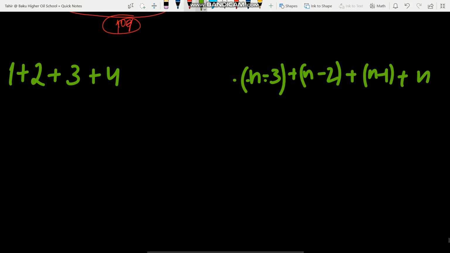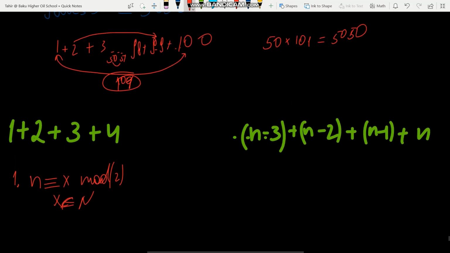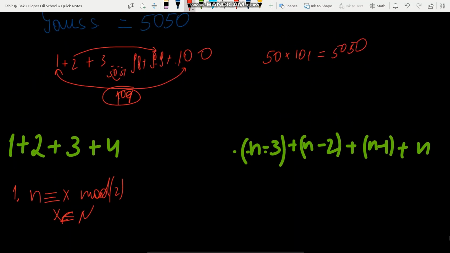First case. In the first case, we will assume that n can be divided by 2, that gives zero in modulo 2. So n is divisible by 2, n is an even number. And here our proof is very simple, as we talked about here.